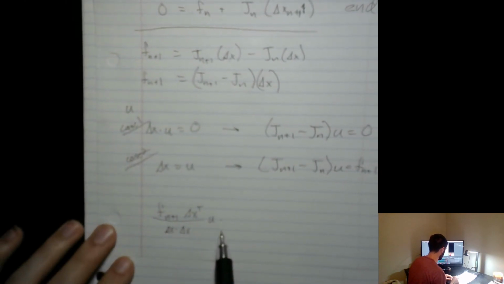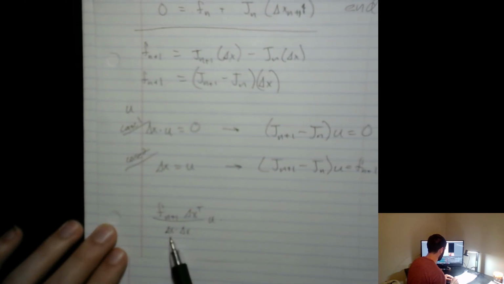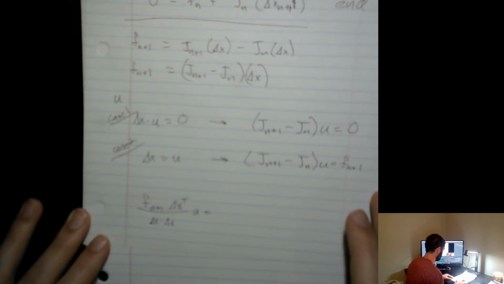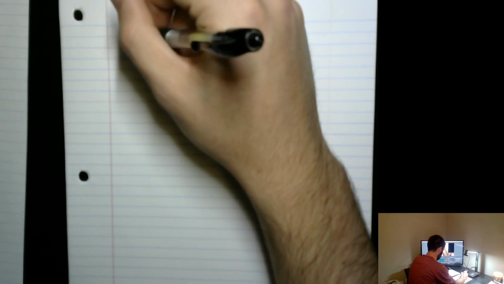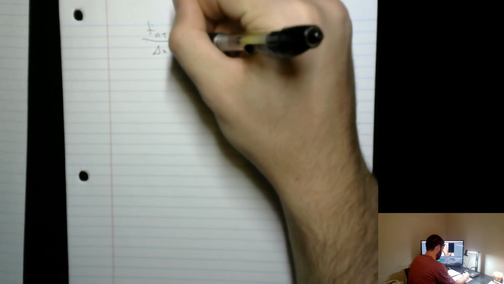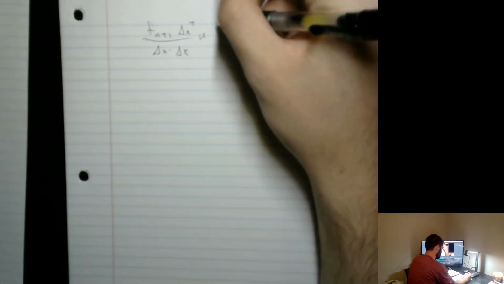That relationship can help us simplify some things. So let me go to a new page. Let me rewrite that: f n plus 1 delta x transpose over delta x dot product delta x times u.